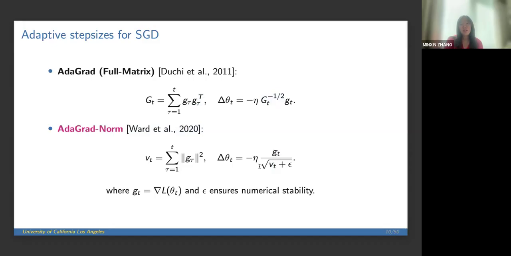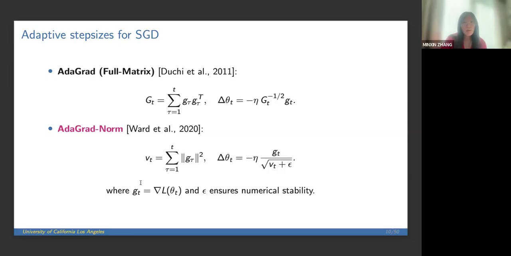There has been a lot of theoretical analysis of AdaGrad-Norm as well as experiments. Mainly, this type of step size is able to adapt to noise levels and also automatically adapt to the smoothness of the objective function.